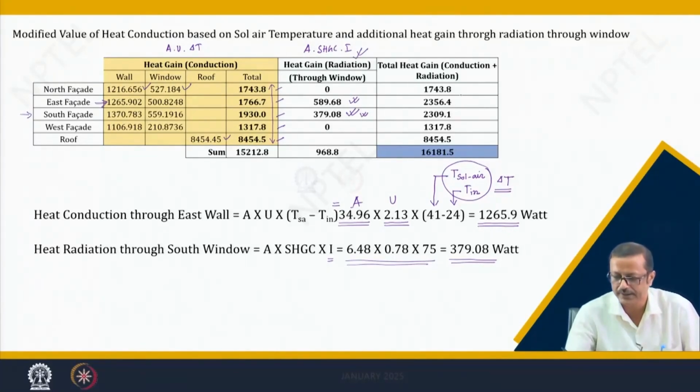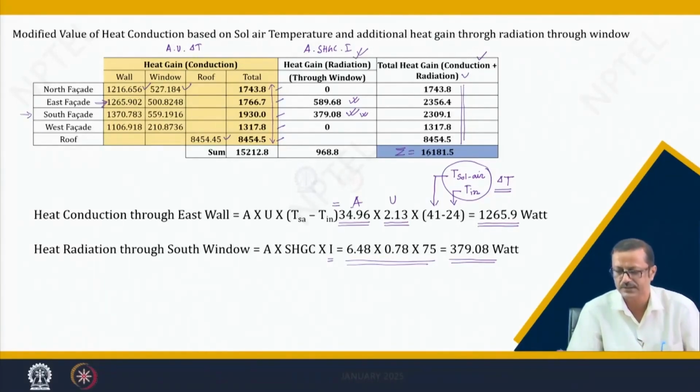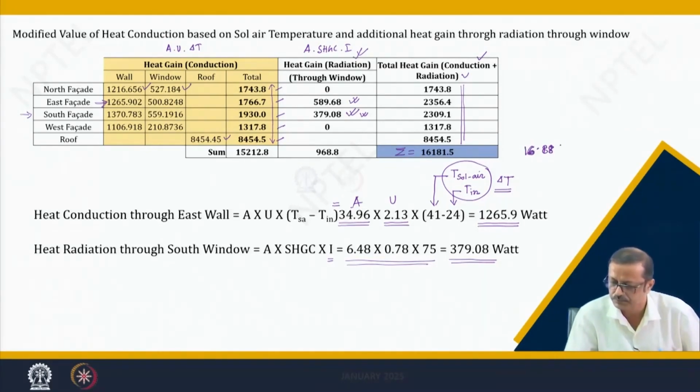So, the total heat due to conduction and radiation will be something like this, and again if you add up the sum, it is going to be 16.81 kilowatt. So, almost like 16.18 kilowatt or something.